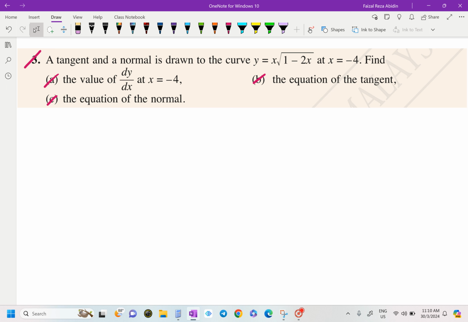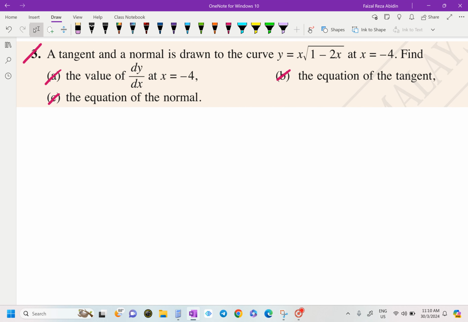Find the value of dy/dx at x equals negative 4. So what should we do over here? I'm going to have my y first. So the equation here, I'm going to write x, and then in brackets 1 minus 2x, to the power of 1 over 2.